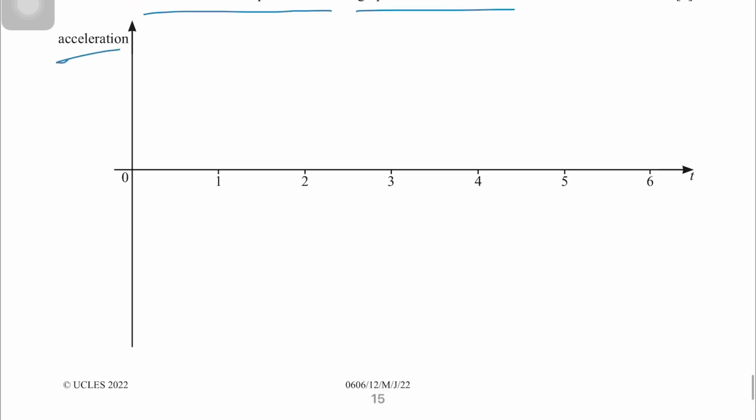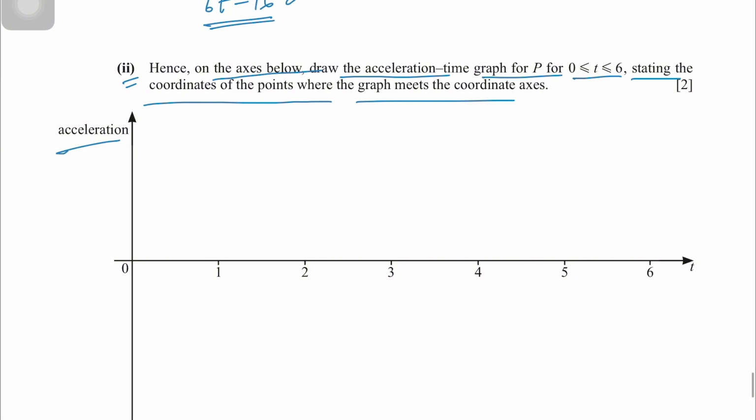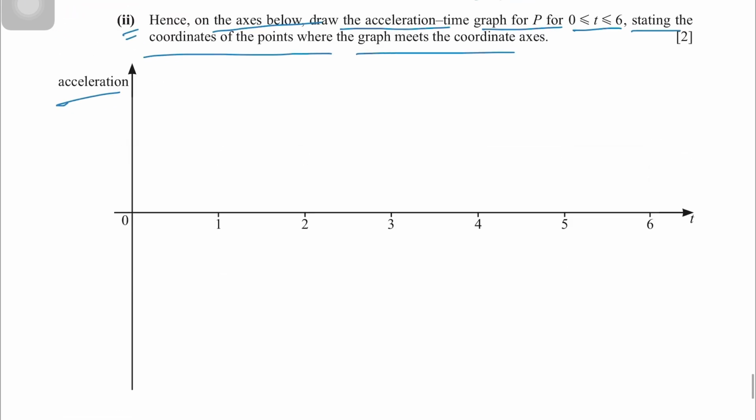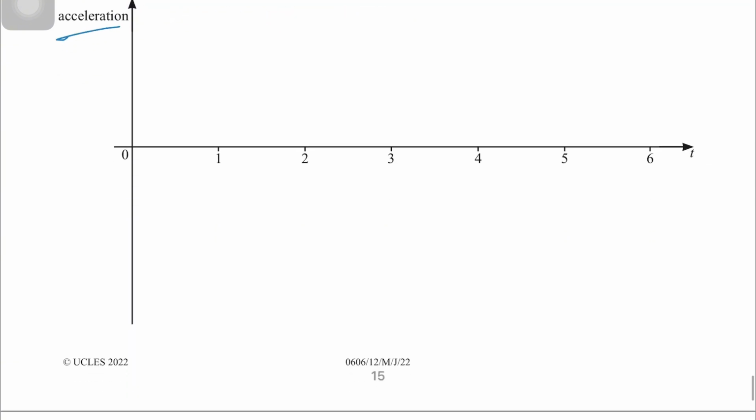So we need to make the acceleration graph. We have the equation 60 minus 16t. Let's just use t is equal to 0 over here. So this would be negative 16. And when acceleration is 0, we get it as 2.33, 2.66, sorry. We used it before. So this is 2.66. Let's assume this is negative 16.